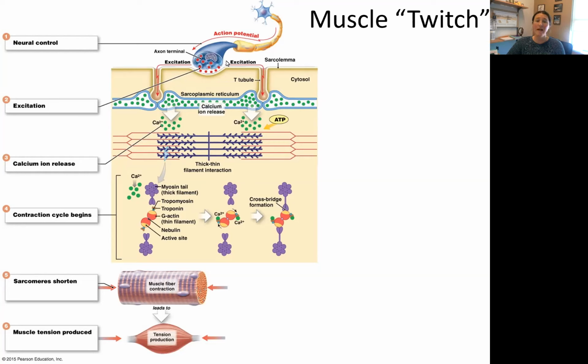Sodium floods in, and ultimately, we know the story, an action potential is generated in both directions along the muscle cell as well as into those T tubules. This depolarization leads to the release of calcium from its stores within the sarcoplasmic reticulum, and calcium is going to bind to troponin on the actin fibers.